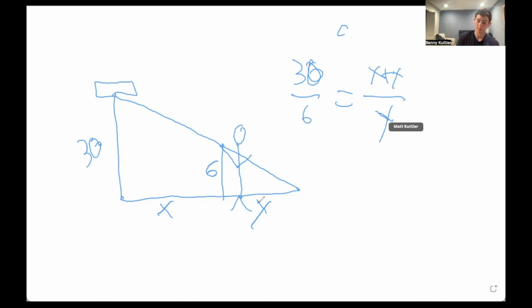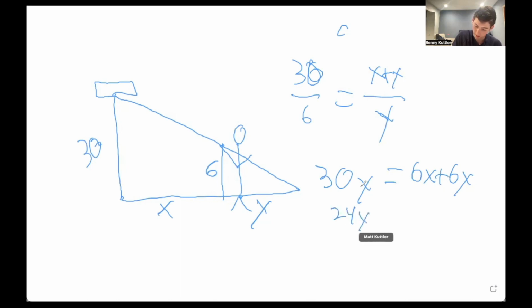Now if we clean this up by getting rid of the fractions, we multiply both sides by 6y. We have 30y equals 6x plus 6y. Then we can take this 6y and bring it to the other side, and we have 24y equals 6x.